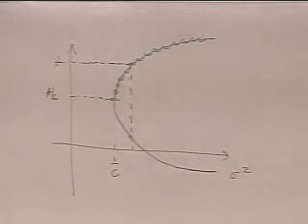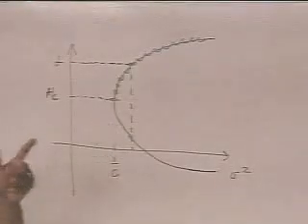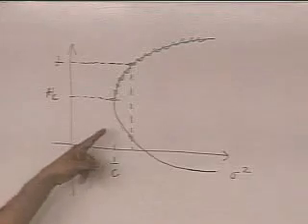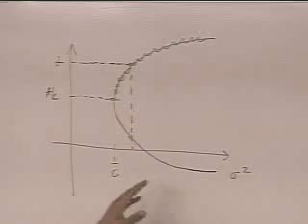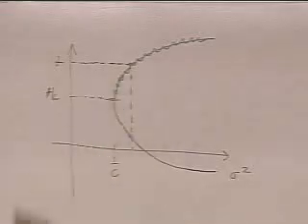The bottom half is efficient in a mathematical sense: if you insist on getting this return, that's the variance you get. But in the market, if that variance gives you a better return, you'll go up there. So the bottom curve is mathematically efficient, but the top is truly efficient in an economic sense.